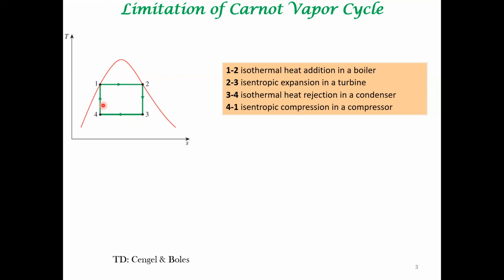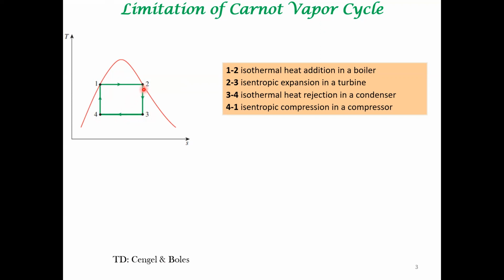So this has certain issues. What are the main issues? It is not so difficult actually to have an isothermal heat addition in a boiler. It is not a challenge. Same thing, 3 to 4 is also not a challenge.